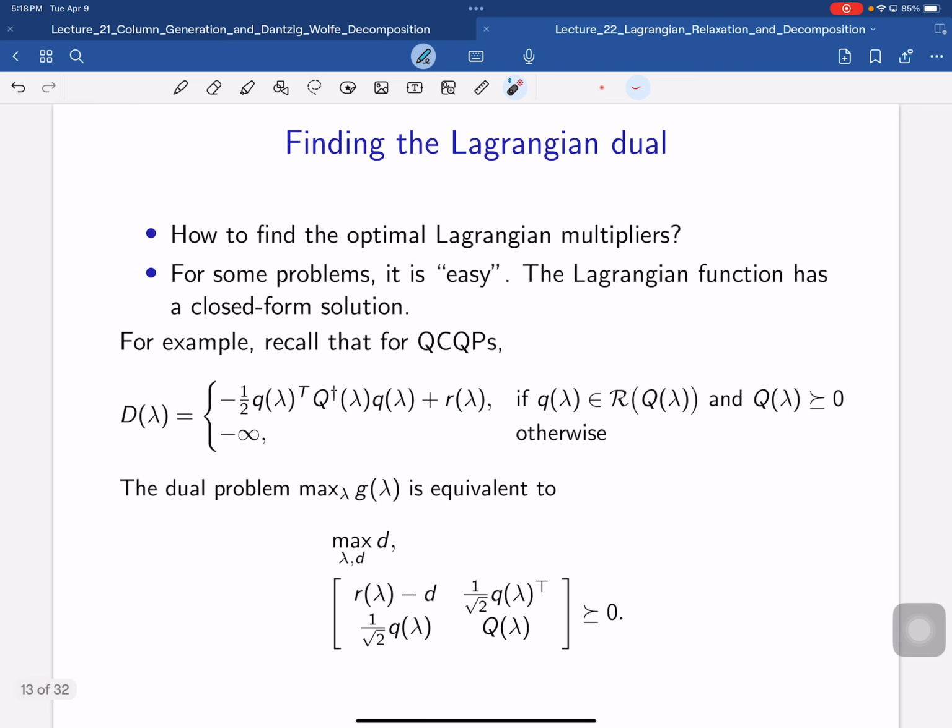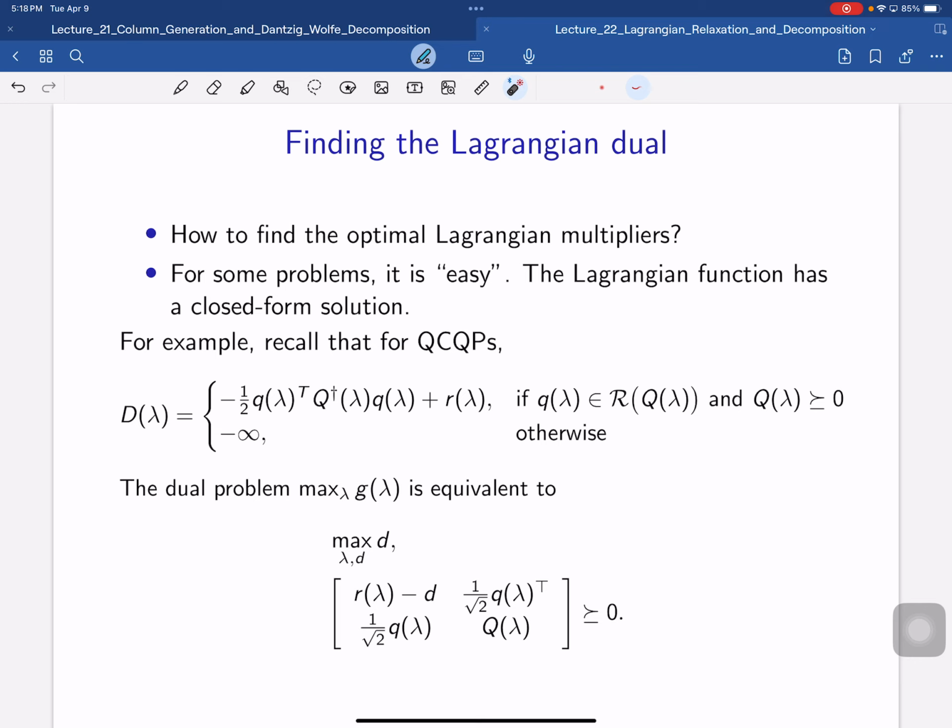The next question we want to answer is, how do you calculate the Lagrangian dual? We already defined what the Lagrangian dual is, but how do you compute it? For some problems, it's relatively easy. We had a lecture on the Lagrangian dual in the past. For a problem like QCQP, which we also had in the exam, what is the Lagrangian dual?